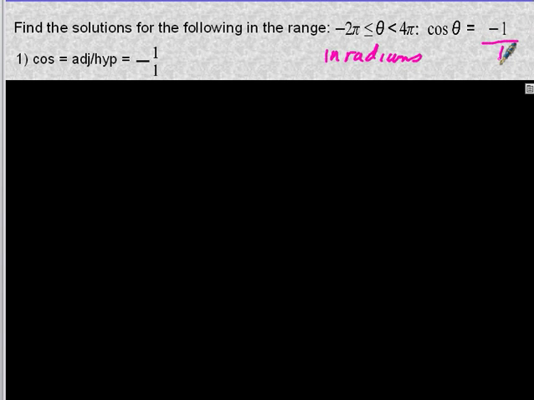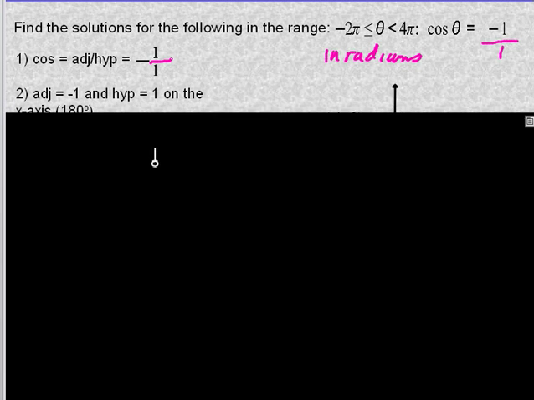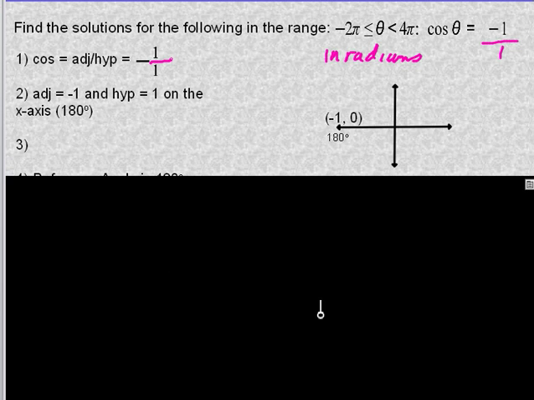Cosine is adjacent over hypotenuse, so we want to find the reference angle that has an adjacent of 1 and a hypotenuse of 1, and that's going to be quadrantal. Since it's negative, it's going to be only this value here, 180. So we only have one base angle because 180 is the only angle in 0 to 360 that gives you a negative 1 for cosine.